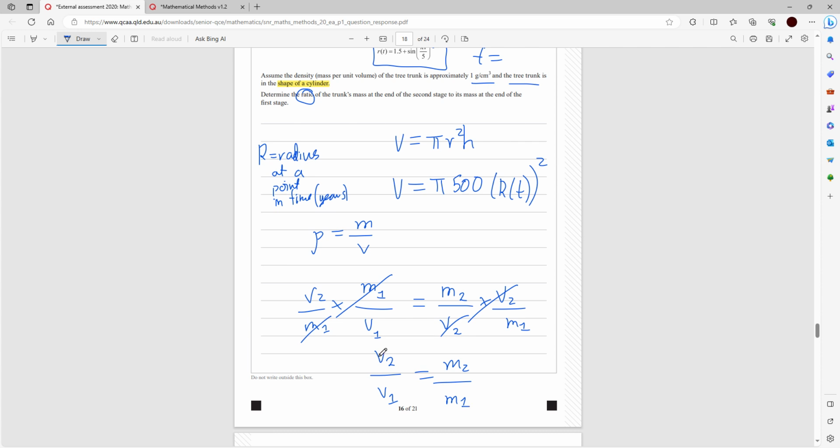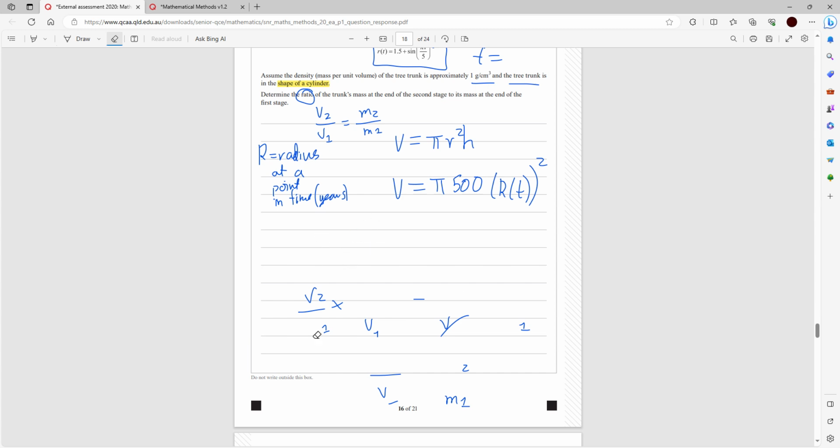So if we can work out the volume at the end of the second stage and divide by the volume at the end of the first stage, that'll give us this ratio, because they're both equivalent. So just write that in the corner somewhere because I'm going to rub it out. M2 on M1.